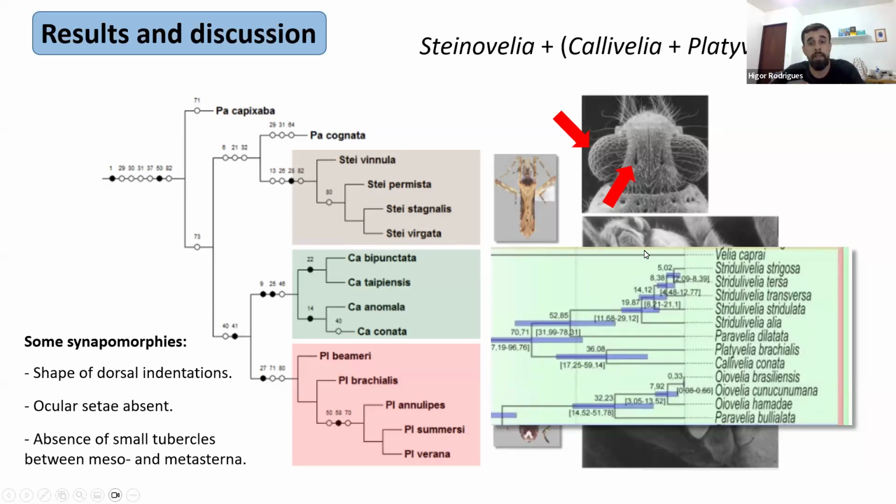And this clade, Platyvelia and Calivelia, was also recovered by Armisen and collaborators in 2022. You can see here, Platyvelia is more related with Calivelia cornata.